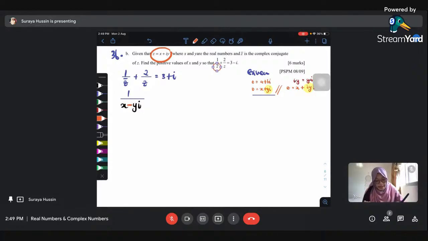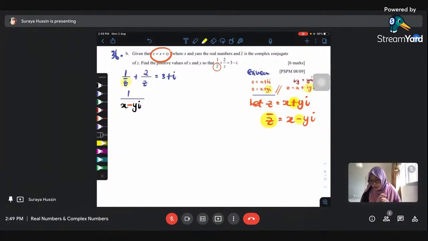Because we have let Z be X plus, we let from the start it is plus. Therefore, our conjugate Z is X minus YI, because this is the conjugate.